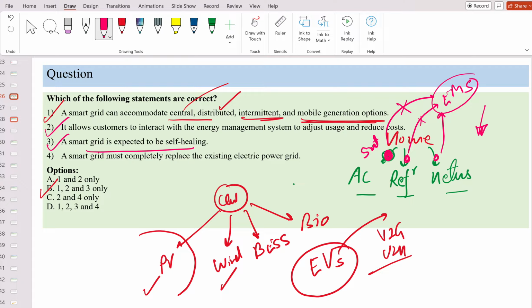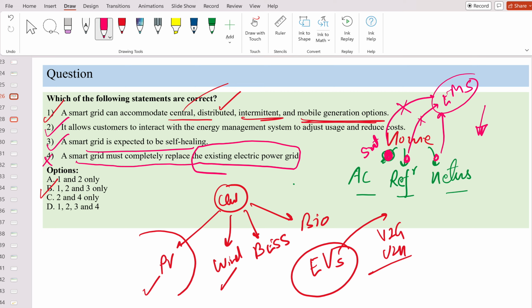The fourth is that the smart grid must completely replace the existing electrical power grid. That is not possible because you have already laid the cables, installed the distribution transformers, and have the feeders. Completely removing them would need a huge infrastructure upgrade cost, so that is not a feasible option.